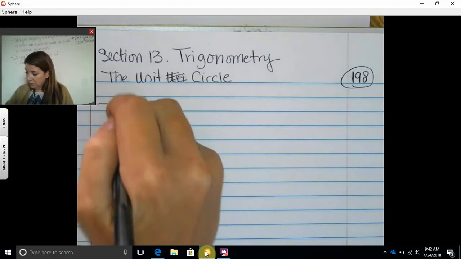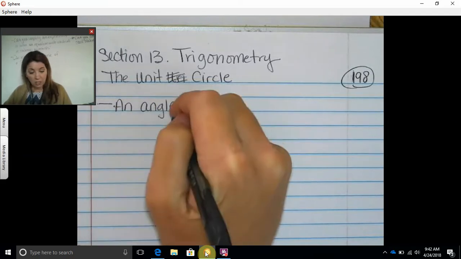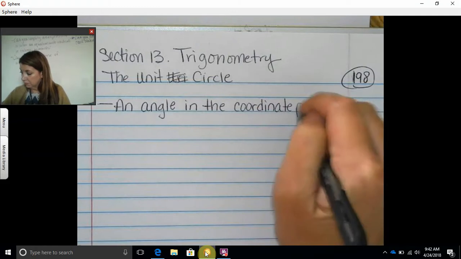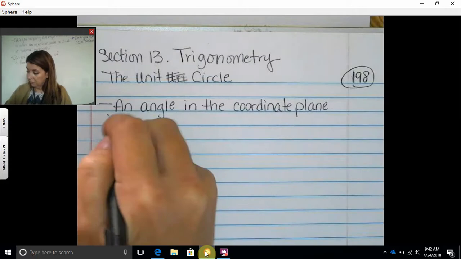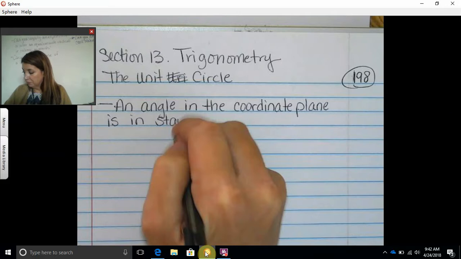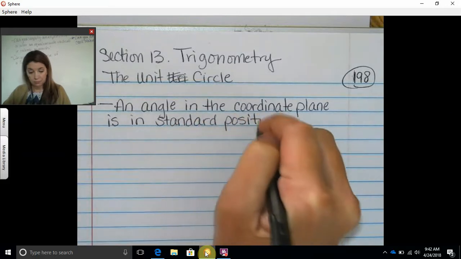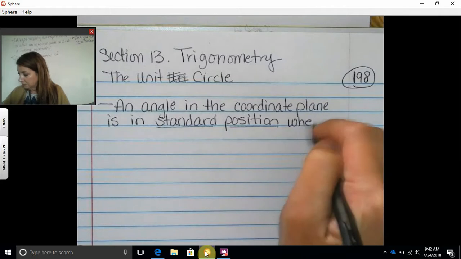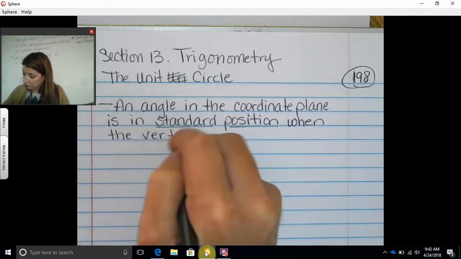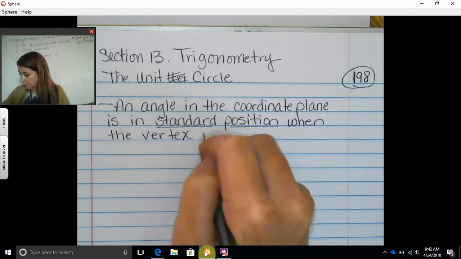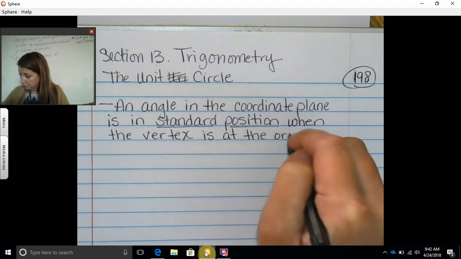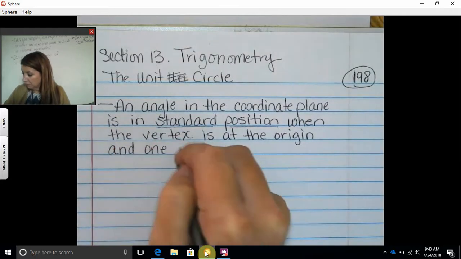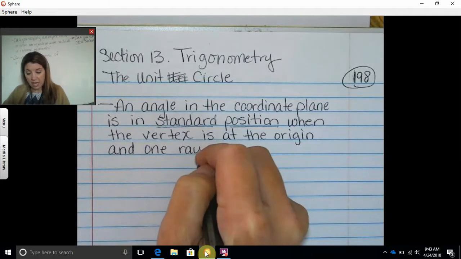All right, an angle in the coordinate plane is in standard position when the vertex is at the origin and one ray is on the positive x-axis.